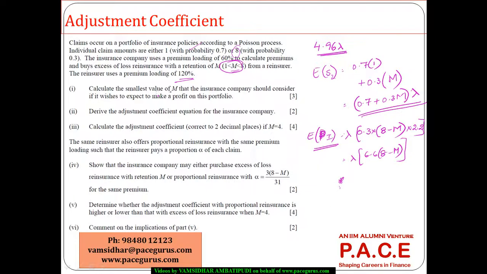Now, what is the question? Smallest value of M that the insurance company should choose if it wants to expect to make a profit on the portfolio. The insurance company is charging a premium of 4.96 lambda.